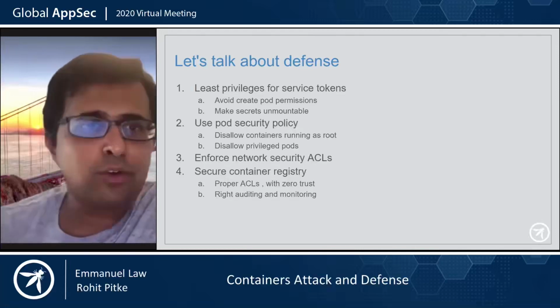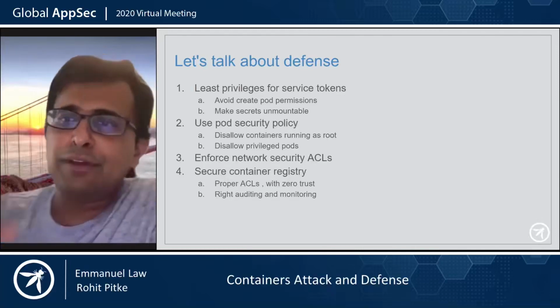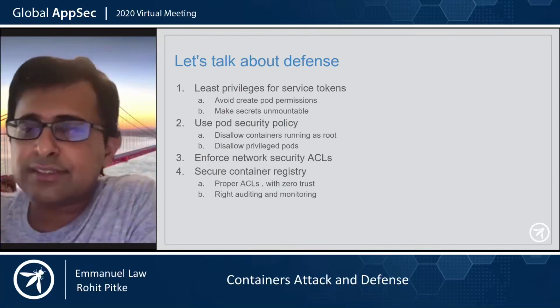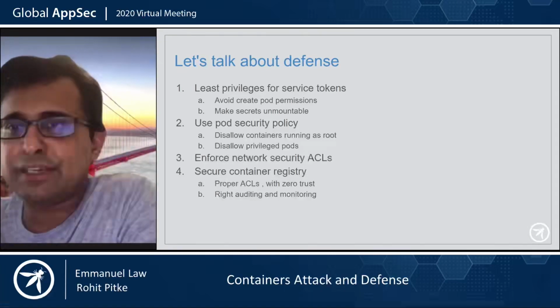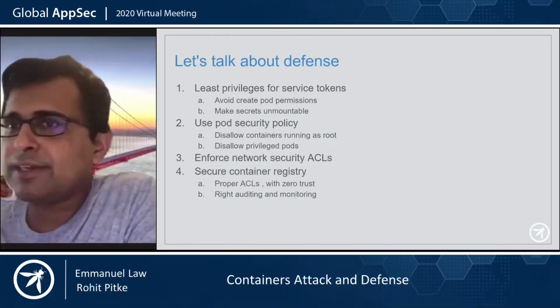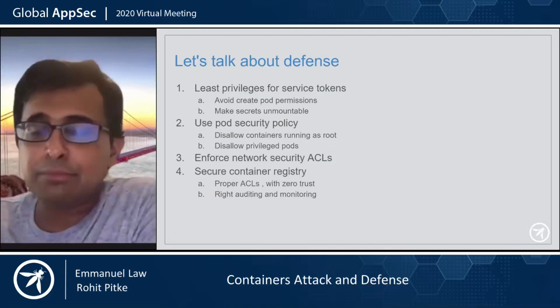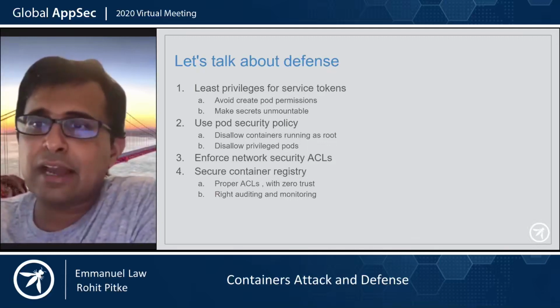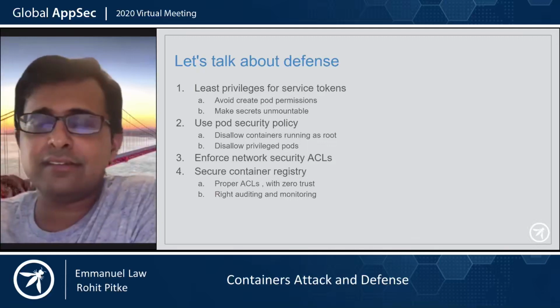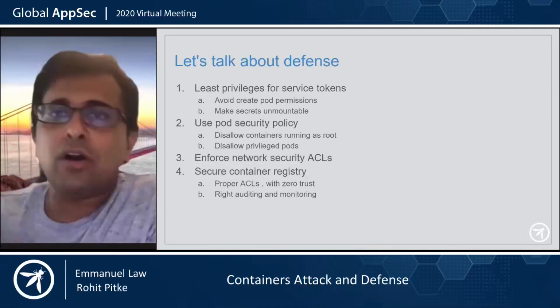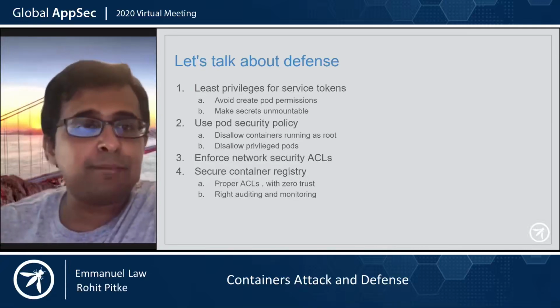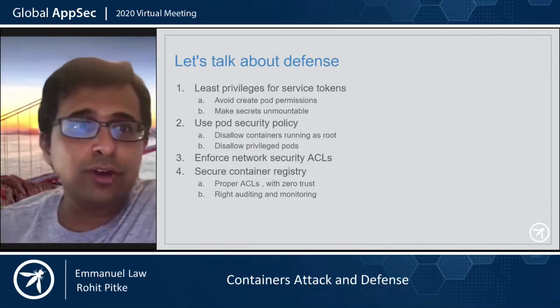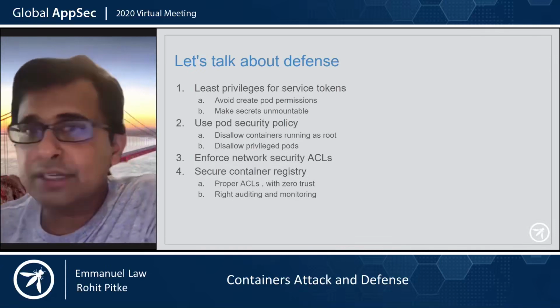Especially in a Kubernetes environment, whenever you are creating service tokens and assigning them to a specific namespace, pay specific attention to make sure that the privileges associated with them are just the least privilege, and don't assign any overly permissive privileges. Kubernetes also provides you a way to use the pod security policy.